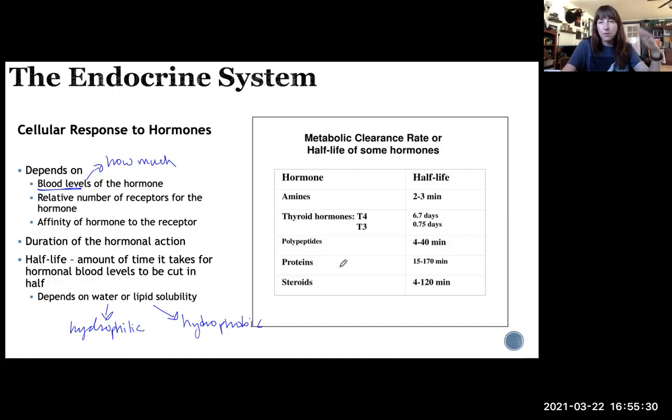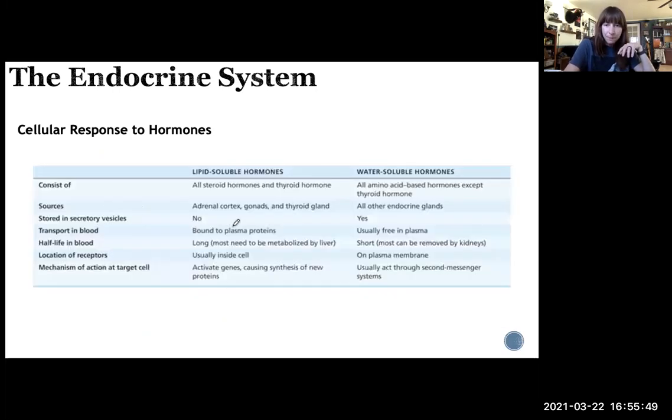This is sort of like some review stuff to refresh your memory from last semester. It's all very important. So here are some examples of the half-lives of some common hormones. Amine hormones are relatively short-lived, 2 to 3 minutes. They also happen to be water soluble, right?